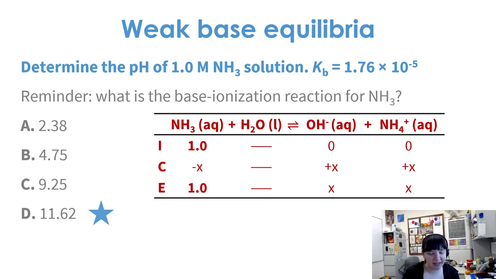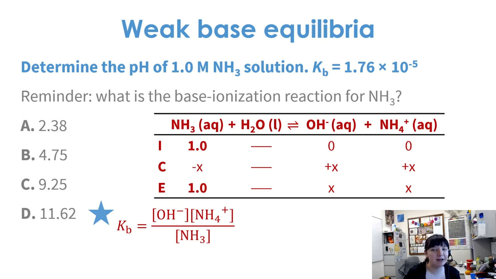Now again, going through the same process that we generally do for these equilibrium problems, we have a Kb constant. We can write out the Kb expression in terms of concentrations. Always it's just the products over the reactants. As a reminder, the water here, because it's a pure liquid, doesn't show up in the equilibrium constant at all. And so we have just the concentration of OH minus times the concentration of NH4 plus divided by the concentration of NH3.